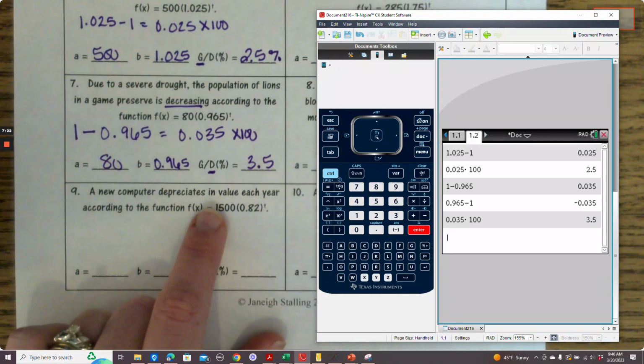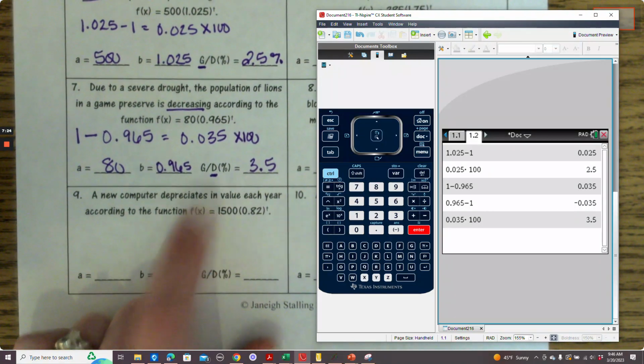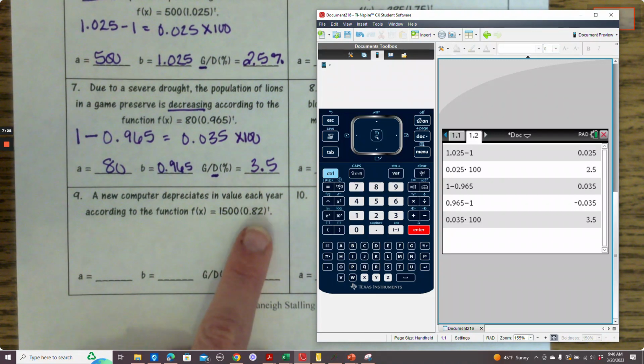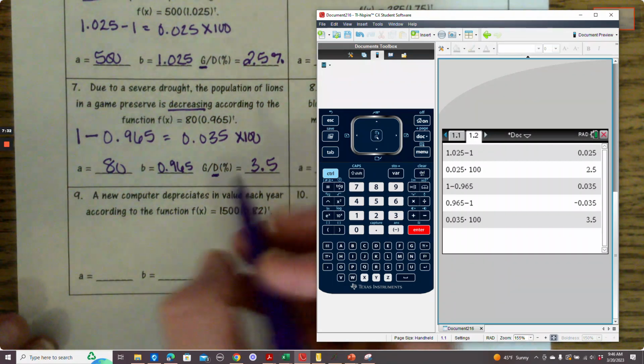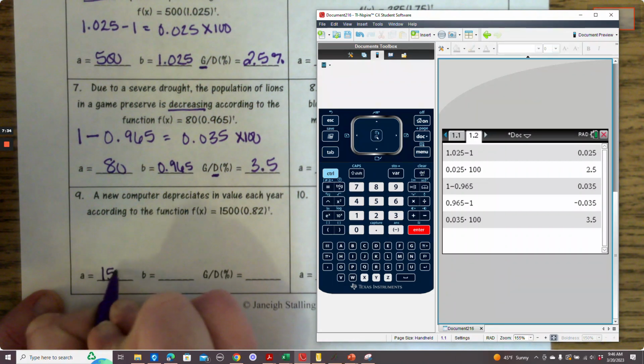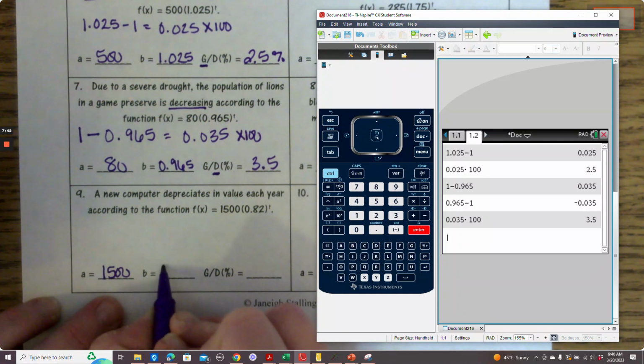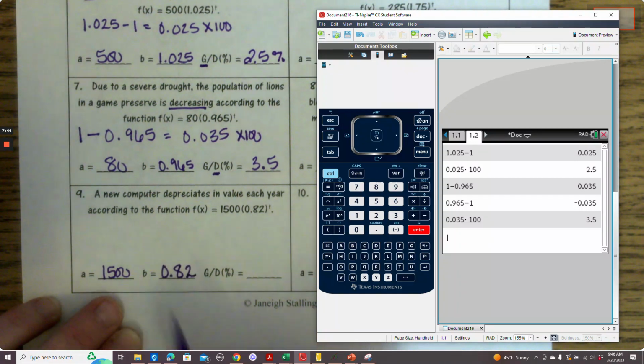All right, number 9. A new computer depreciates in value each year according to the function f of x equals 1,500 times 0.82 to the t power. So the a value is the first number. So 1,500 would be how much you bought that computer for. $1,500. Okay. 0.82, that's your b value. That's its rate.